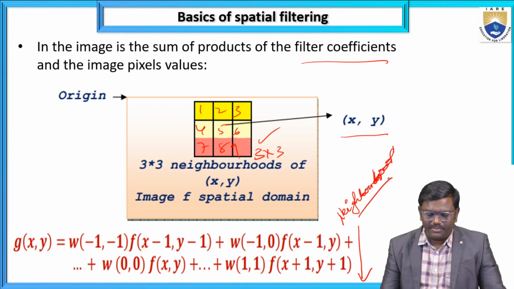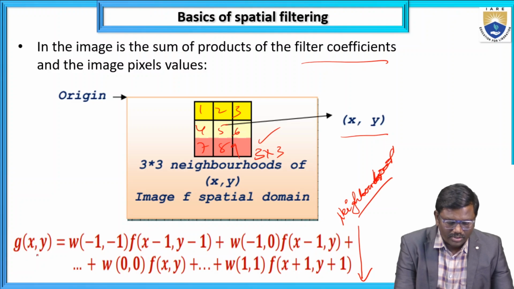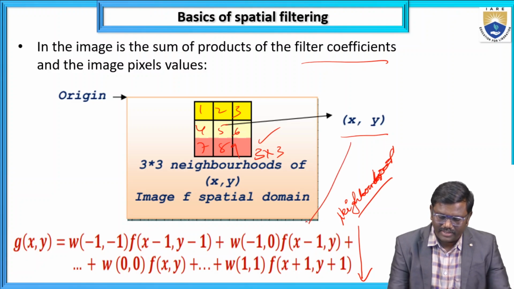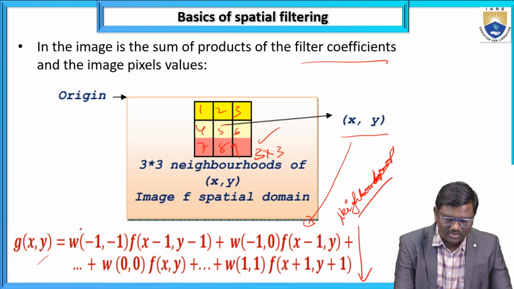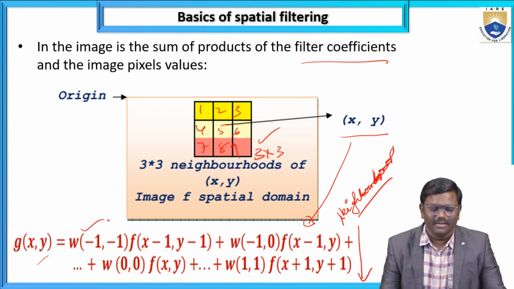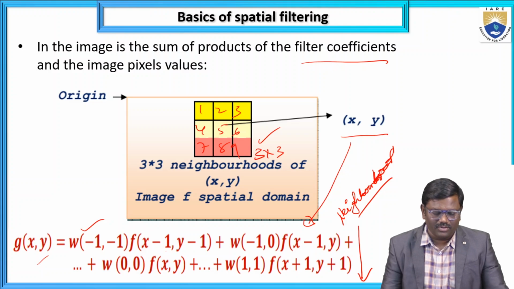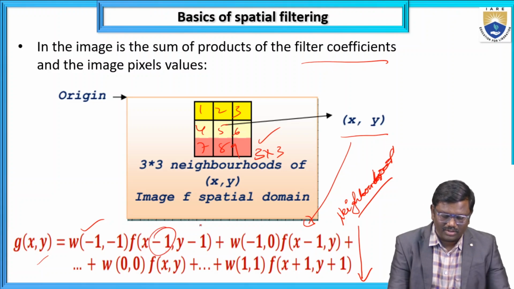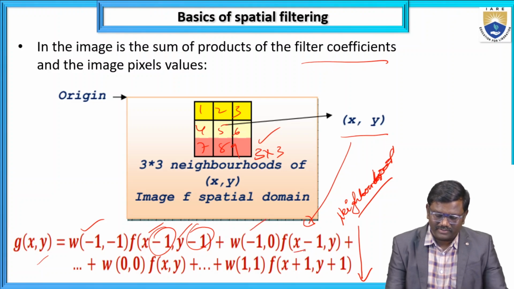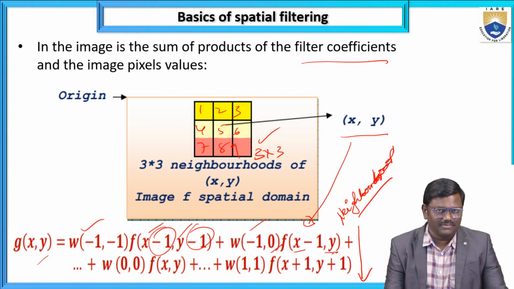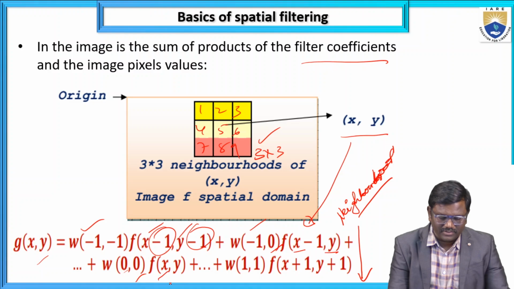In such a neighborhood concept, your f of x comma y is transferred into g of x comma y, meaning that f of x minus 1 comma y minus 1 is the window which we apply, with the value minus 1 comma minus 1 with respect to x and y. Similarly, minus 1 is on the x-axis and 0 is on the y-axis. Similarly, 0 comma 0 is x and y.